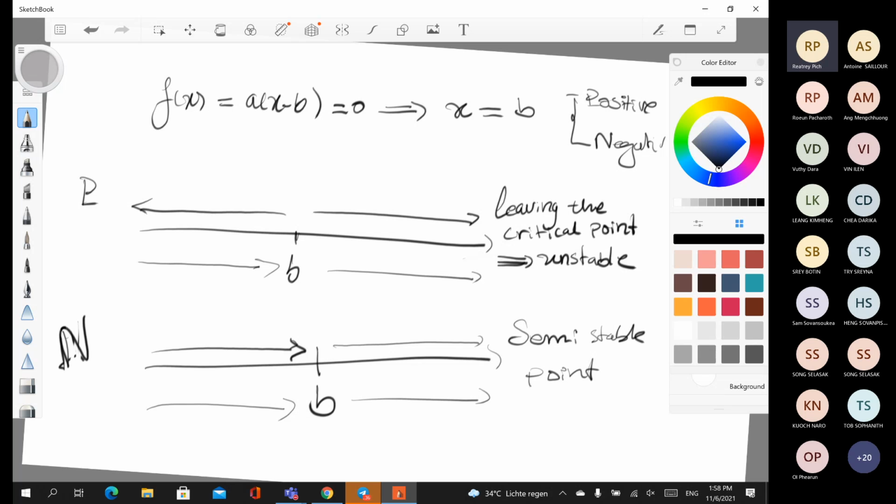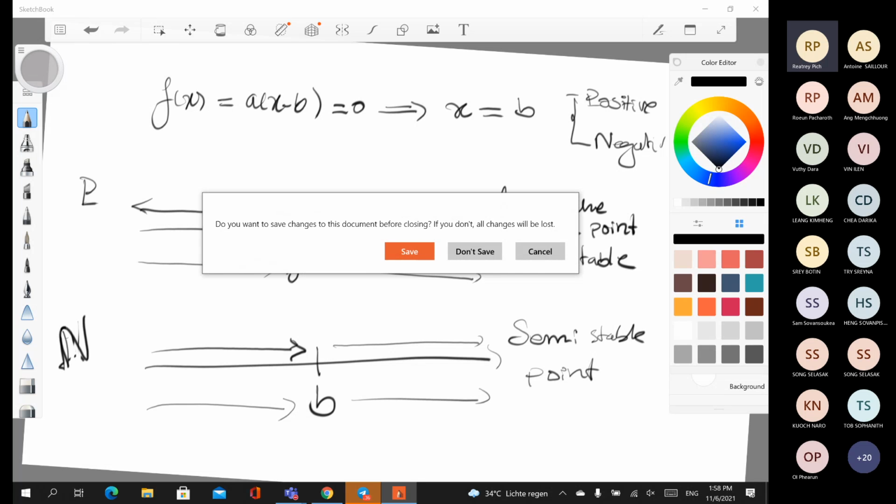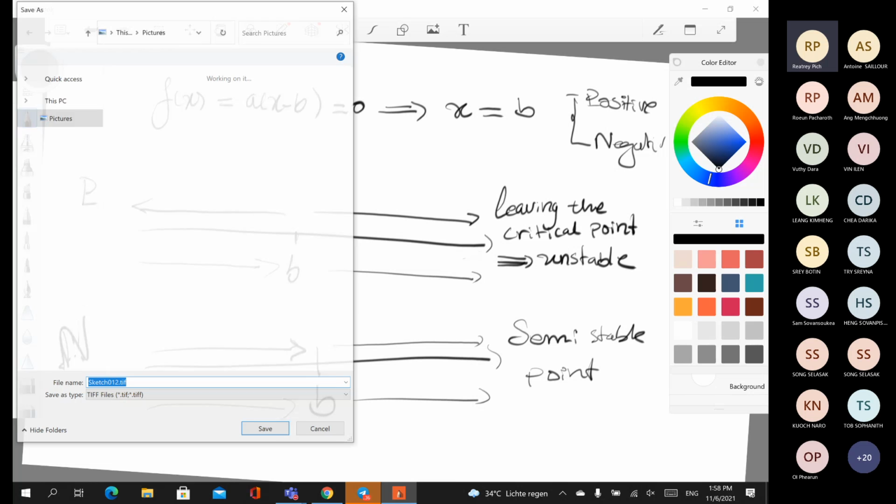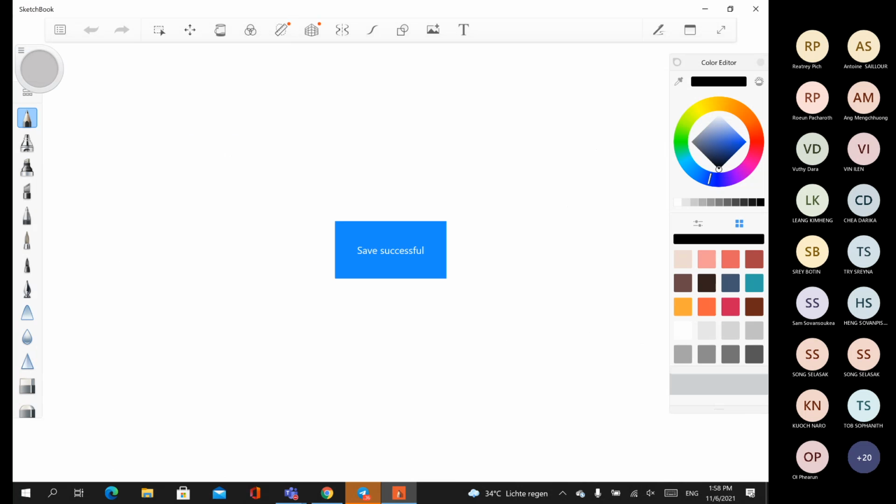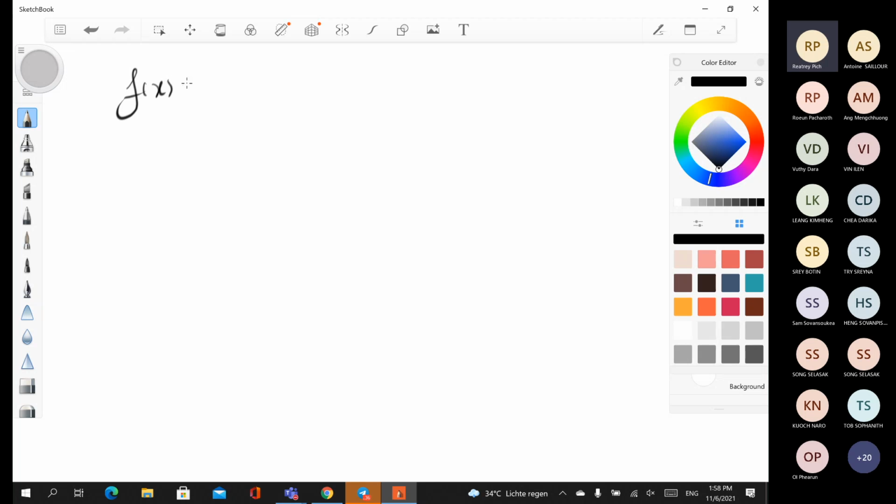How can we apply it in the specific way? Let's go to the specific solution that your question asks. We have f(x) = 5(x - 5) here.